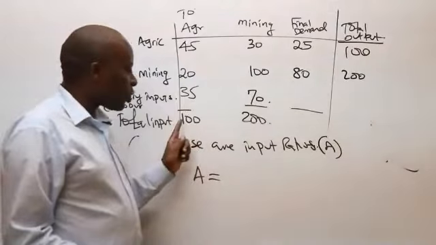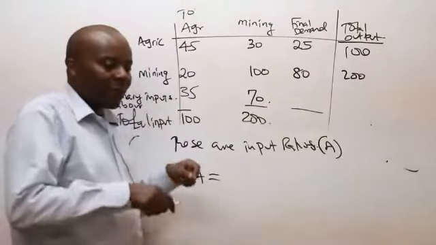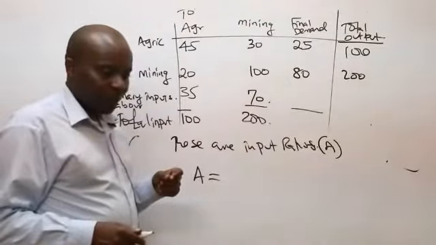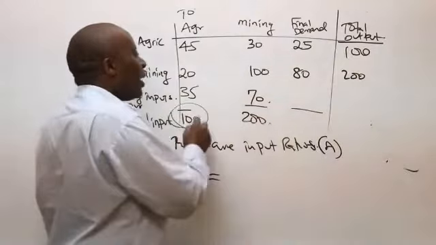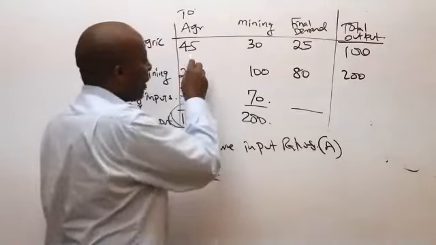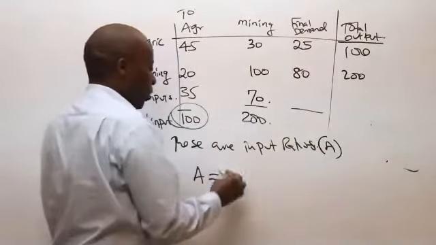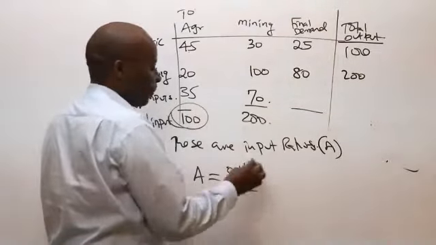Remember, we must first start by planting and then we harvest. So the input is a benchmark, and here we go down. Like now we'll talk of 45. The input ratios of agriculture will be 0.45 and 0.2.